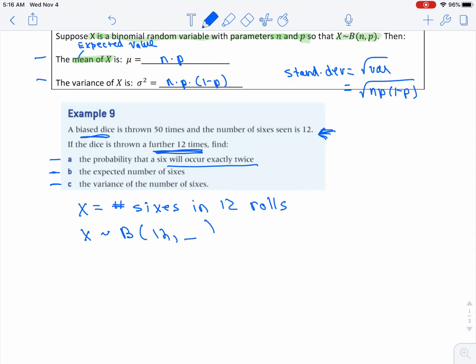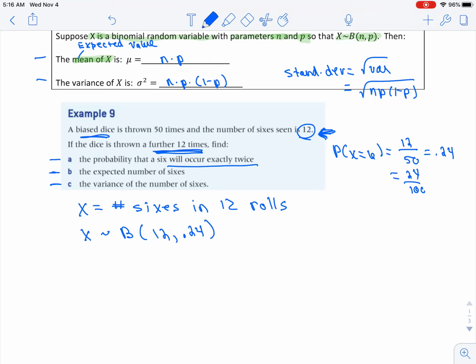And then as far as the probability of success, the probability of getting a 6, we're going to use this experimental data up here. So we're going to say the probability of a 6 is going to be the number of sixes that we got in this trial, 12 over 50. So that's going to be 0.24, because that's the same as 24 over 100. So 0.24. So that's our probability of success, of getting a 6.